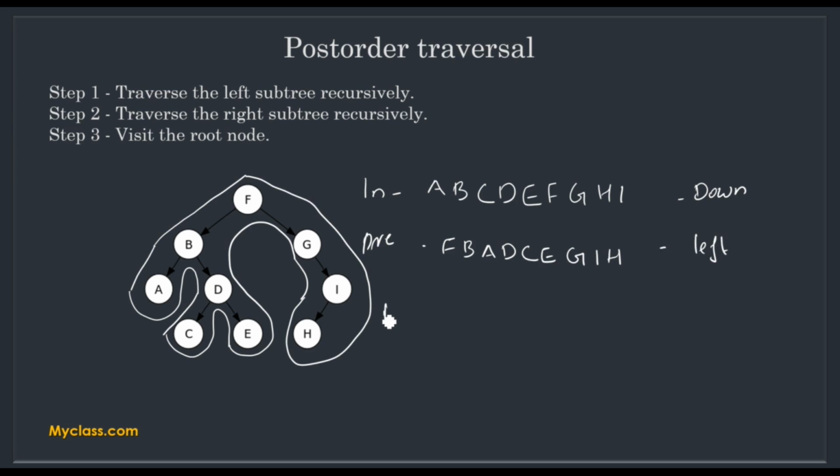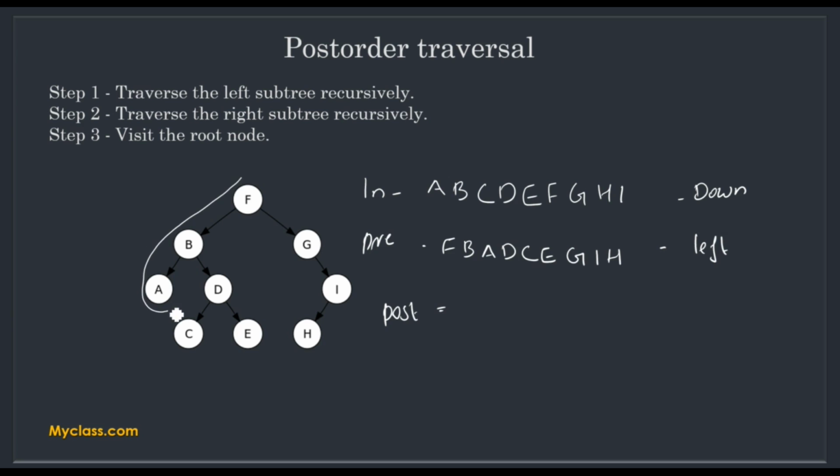Okay, now post. When we are considering post, we are traveling from here. When we have reached here, on the right side A is there. Now when we reach here, on the right side C is there, now E, D, B. Now F is down, down to F we are.